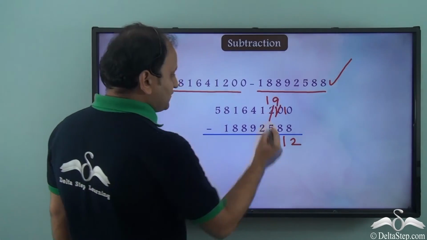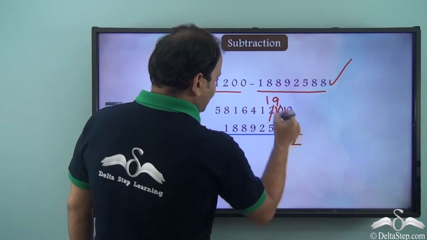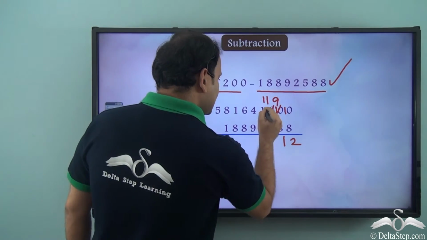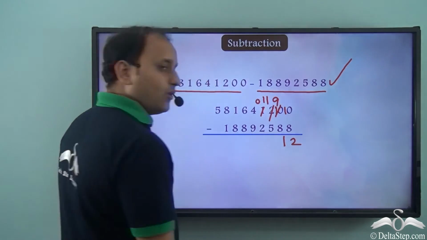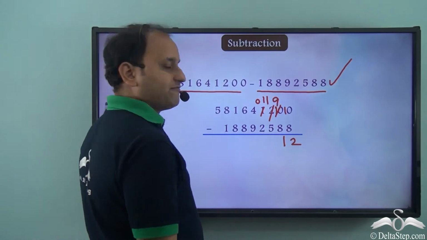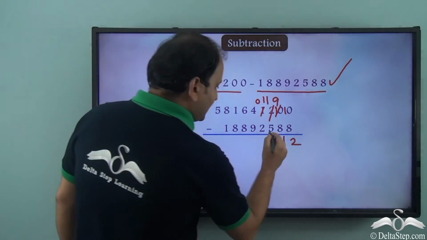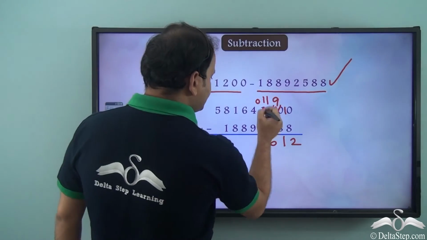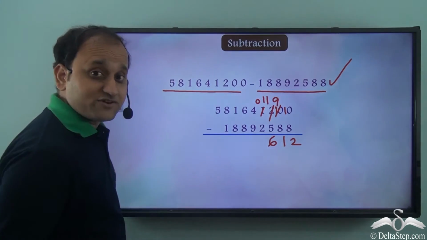So again, this will borrow 1 from here. So this will become 11, while this will become 0, right? Now 11 minus 5. How much is 11 minus 5? It is 6.